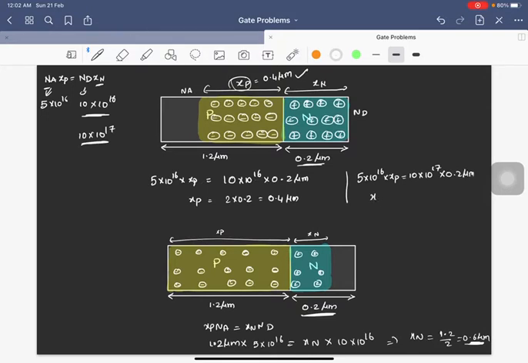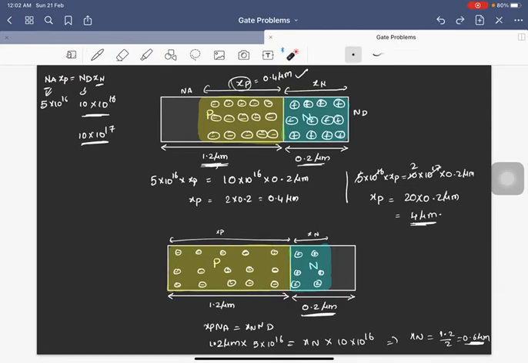So xp is equal to 20 into 0.2 micrometer, that is equal to 4 micrometer, right? This is 4. But how much are you having? 1.2 micrometer. So xp is very much higher than 1.2 micrometer. That means this case is not correct. This is failed. Our assumption is wrong.